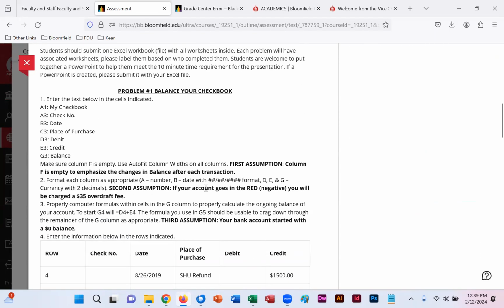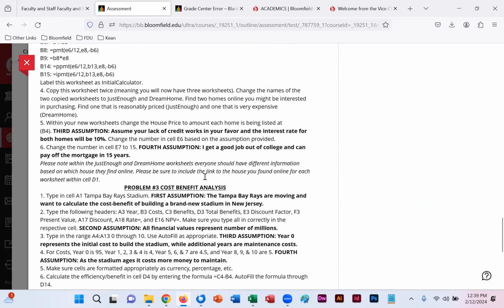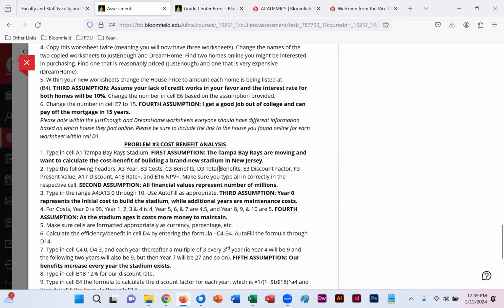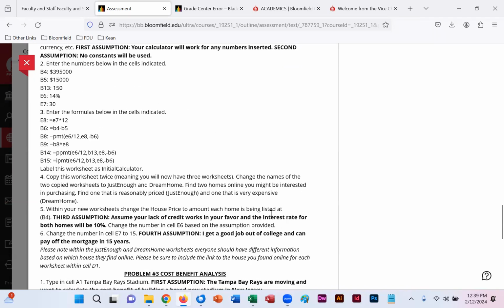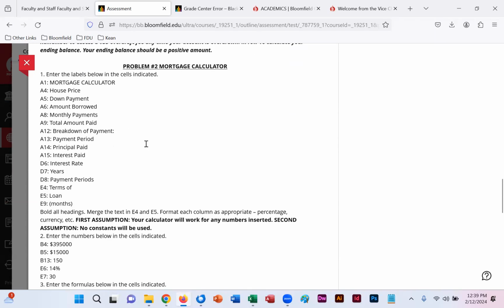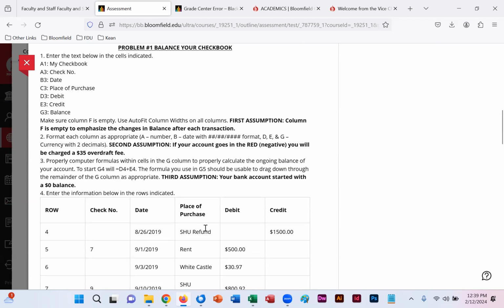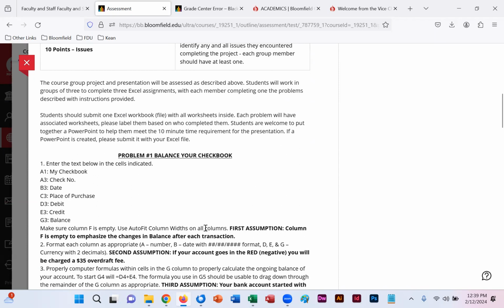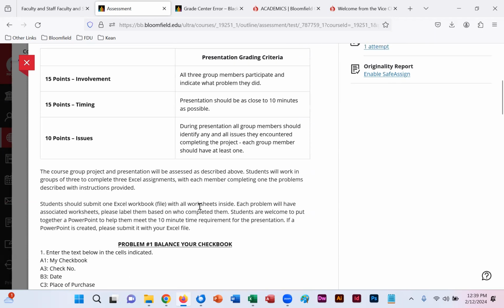So like I said, we will go through, we will do the checkbook on Wednesday. Then we'll do the mortgage calc. Then we'll do the cost benefit analysis. And each person will do one of these problems by themselves and then jot down any kind of issues they had, problems while doing that. And then the 3 group members, except for that one group that's only going to have 2 people, will come together and put together a 10-minute presentation.